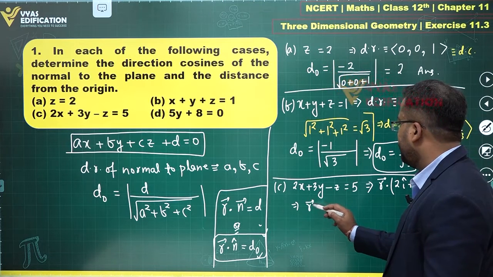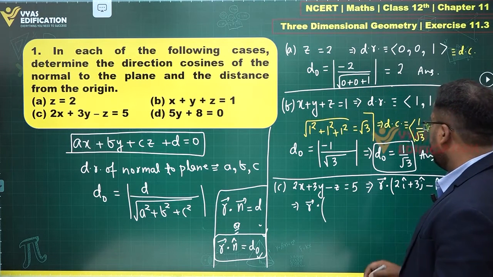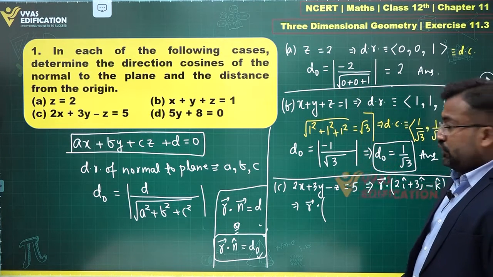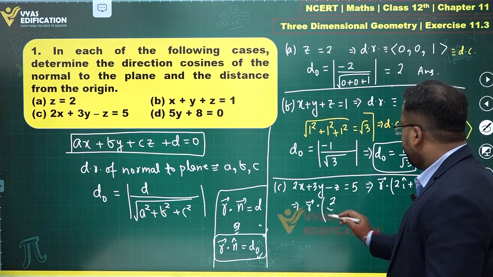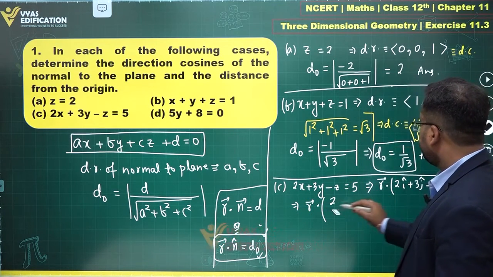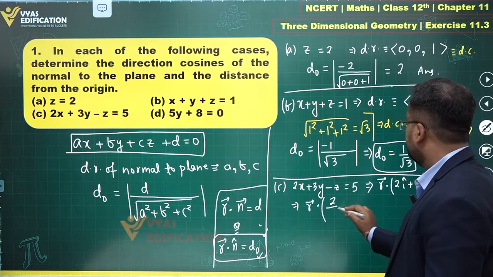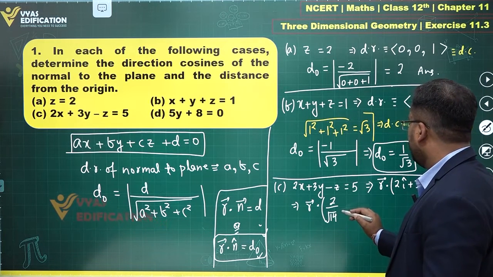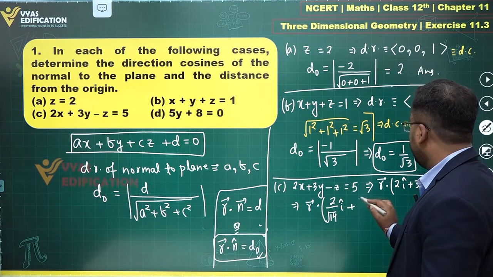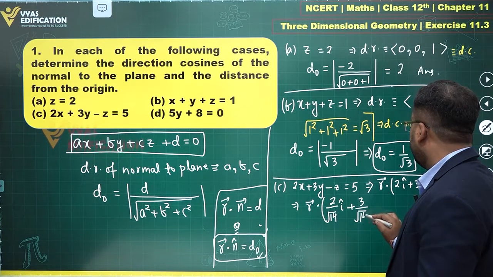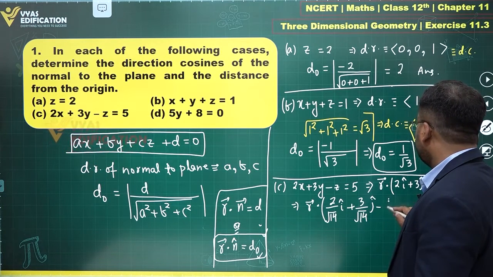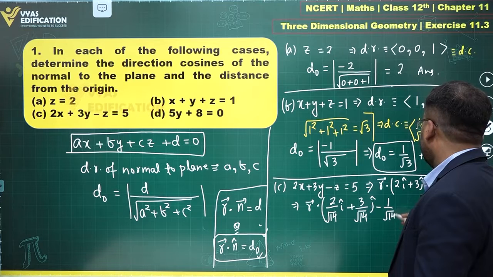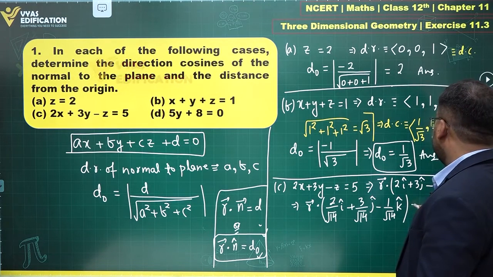So r vector dot 2 upon root 14 i cap plus 3 upon square root of 14 j cap minus 1 upon root 14 k cap is equal to 5 upon root 14.